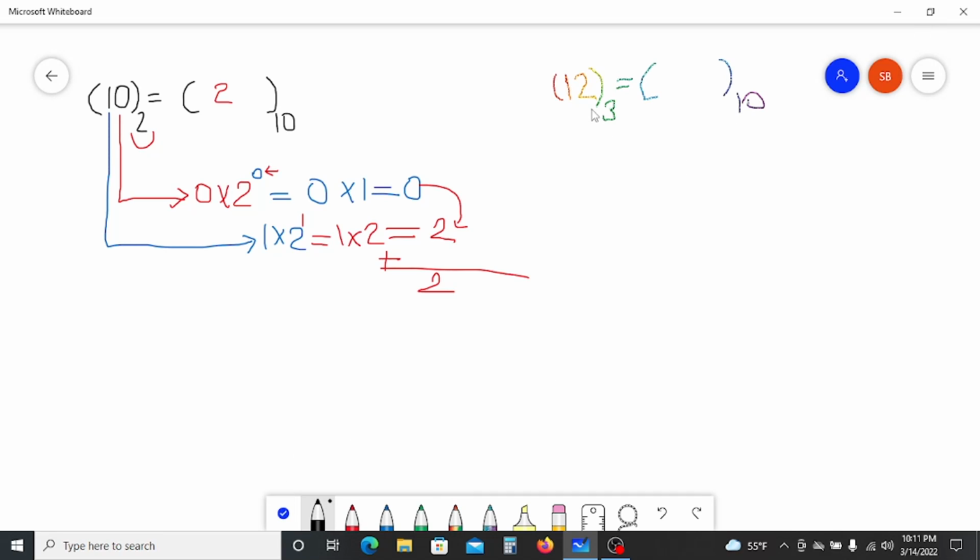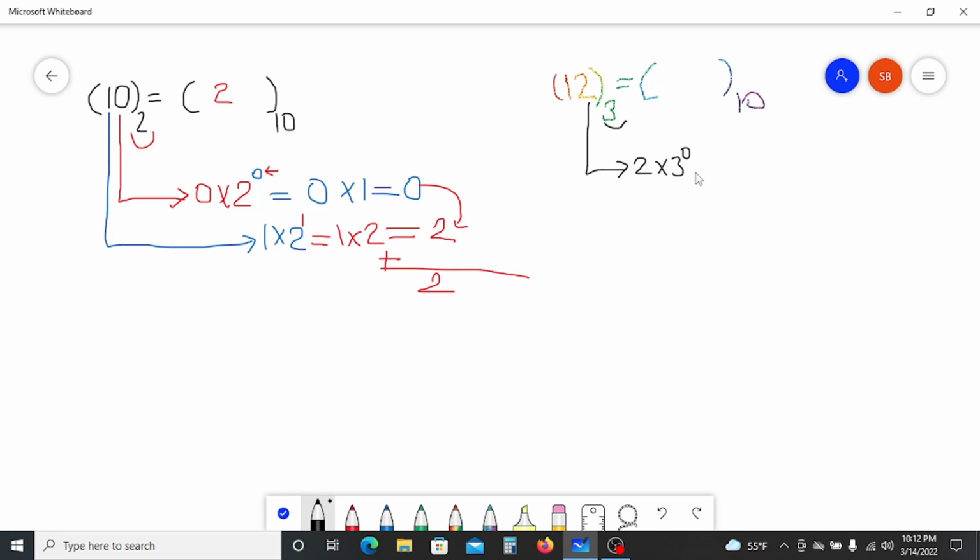As you guess, since this is base 3, you can write any numbers up to 2: 0, 1, 2, because those are the elements of base 3. Okay, let's do it. You see here 2 times your base, which is 3, and the power is 0.